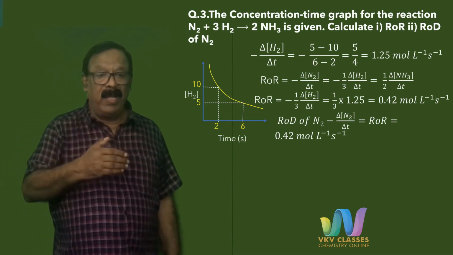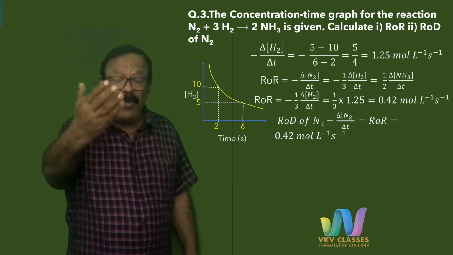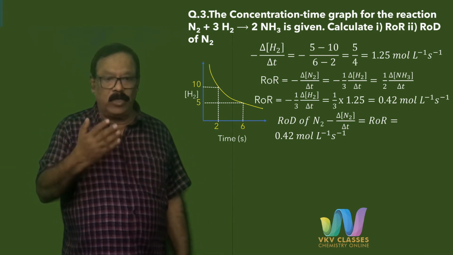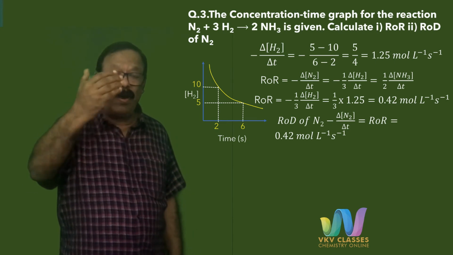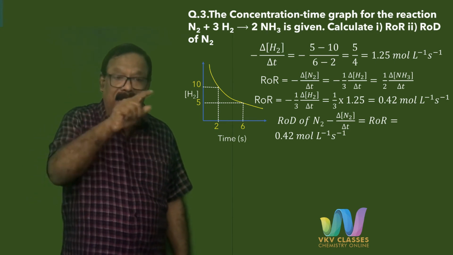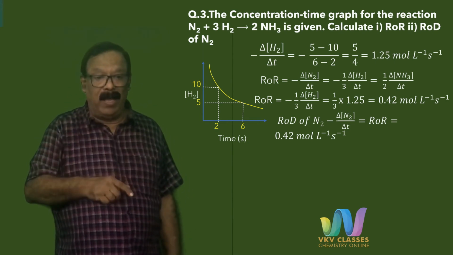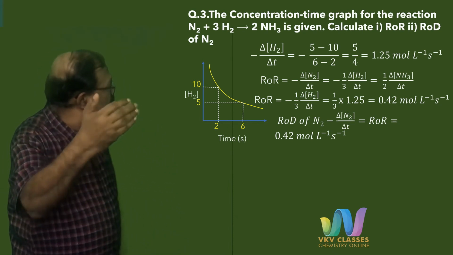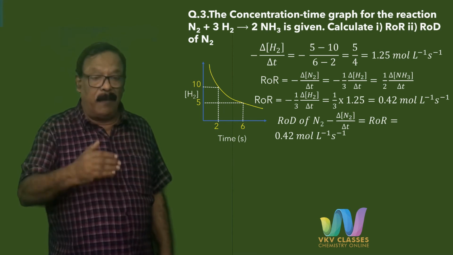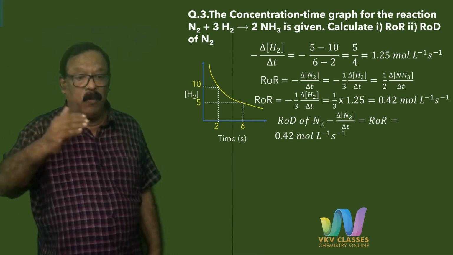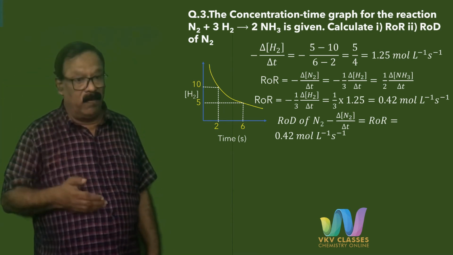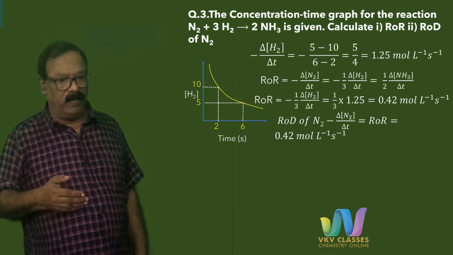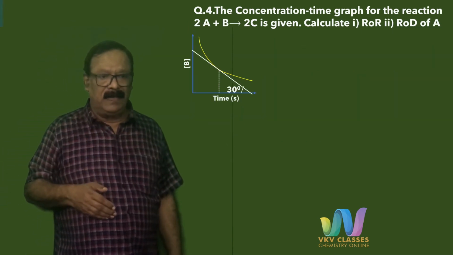Along with this, the rate of appearance of ammonia has not been asked. What will the rate of appearance of ammonia be? Ammonia is double that of nitrogen. The rate of disappearance of nitrogen you got is 0.42. So the appearance of ammonia will be double this 0.42. That is 0.84. That's not asked in this question.